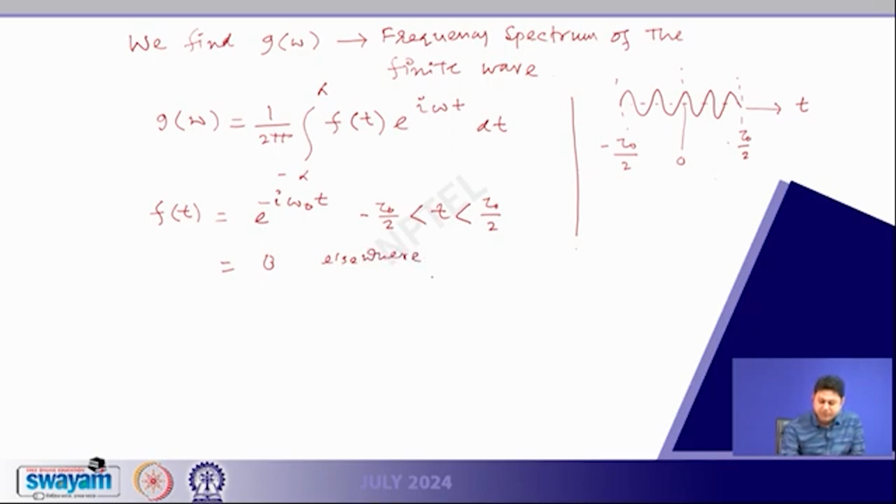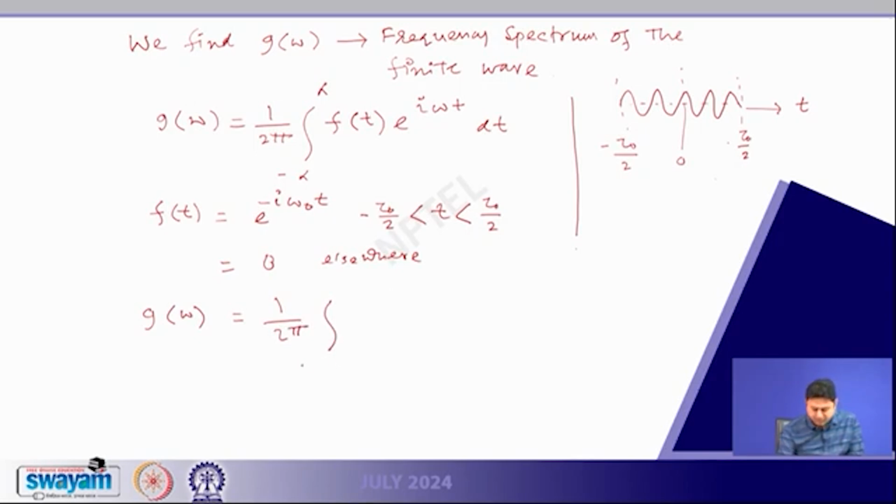In all the other points it is 0, except in this region it has a harmonic structure. Now if I put it back into the expression that we had, g(omega) will be equal to 1 by 2 pi. The function is 0 at all other points except this limit, so I'll put that limit.